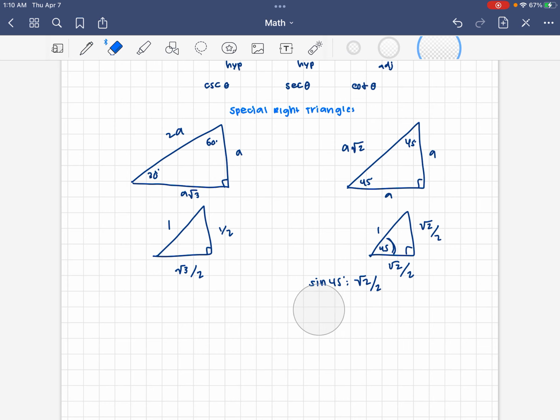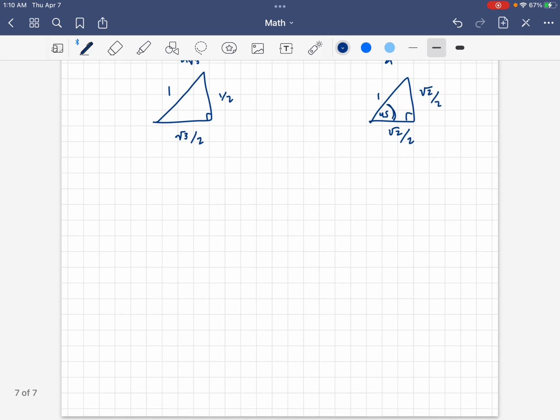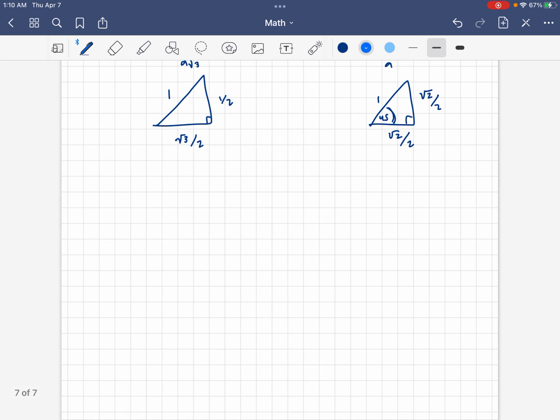So I'm gonna write all of them. This is how I remember it, I don't know if it's an actual method. We have sine and then we have cosine, and tan is just separate. You can just find tan by doing sine over cosine.